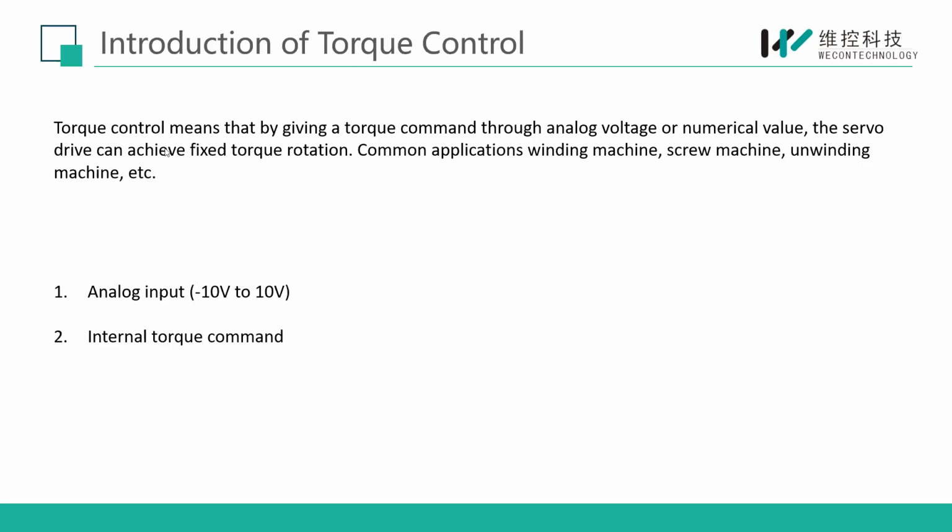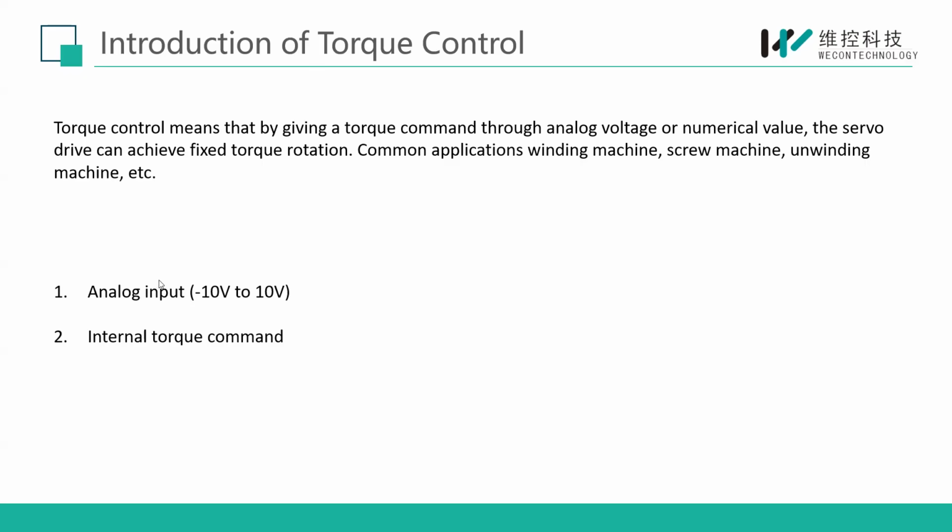For these torque control modes, our server will control the motor to output a constant torque to drive the loads. This torque mode is usually used in winding machines, unwinding machines, and so on. Applications that have requirements about torque usually use torque control.